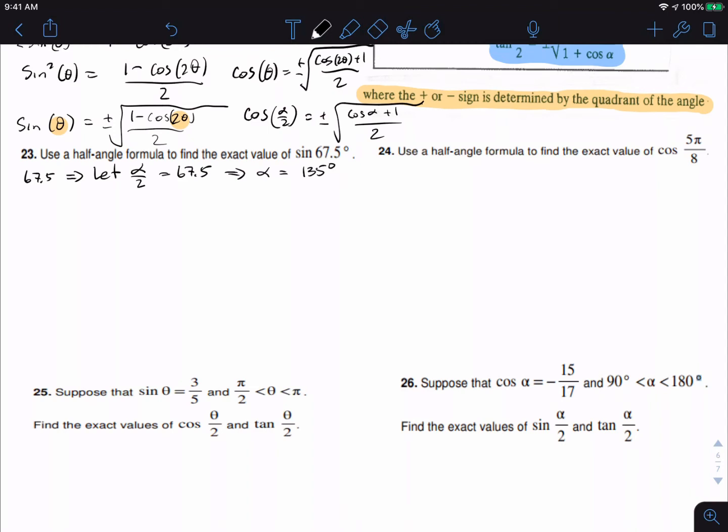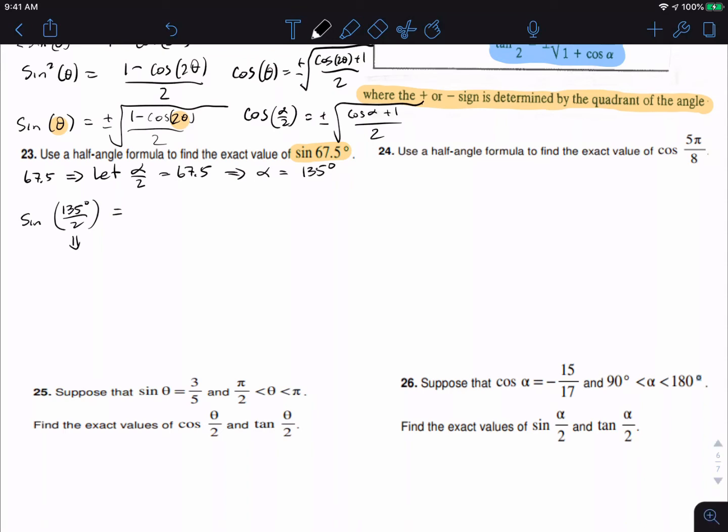Okay. Now from here, once I have the alpha of 135, I'm going to use the formula. And it's said in the problem that they want sine of 67.5 degrees. So then I'm going to go, all right, sine of 135 degrees divided by 2 is equal to, and now since we're at 67.5 degrees, aren't we in quadrant 1?